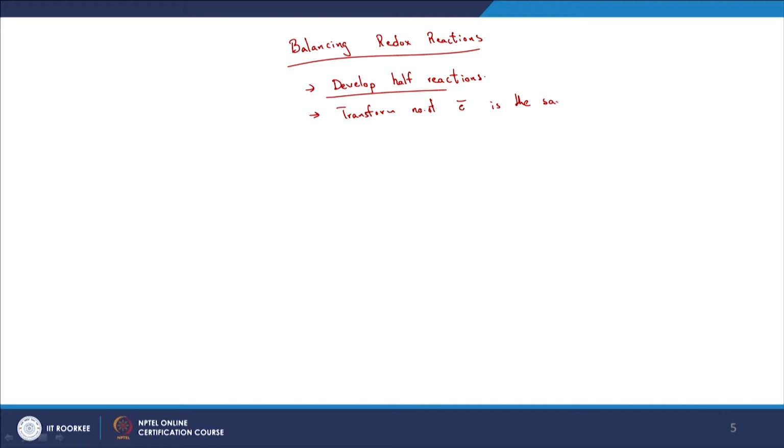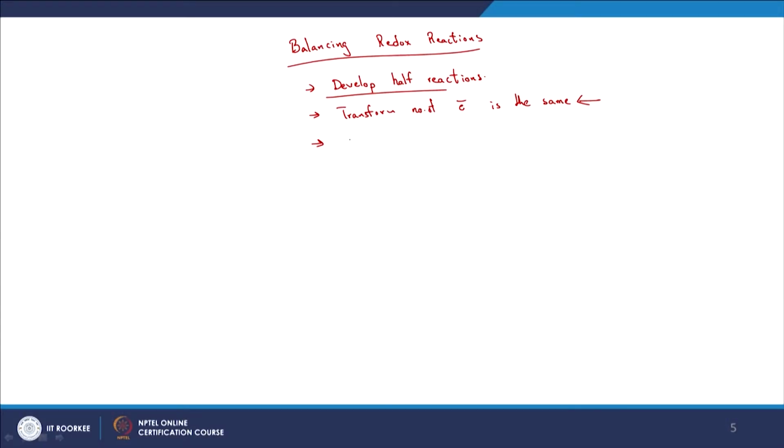The key is that you modify them such that the number of electrons being transferred, either gained or lost, in each of the half reactions is the same. And then, for getting the overall reaction, you reverse one half reaction, right? And then to get the overall reaction you just add the half reactions.